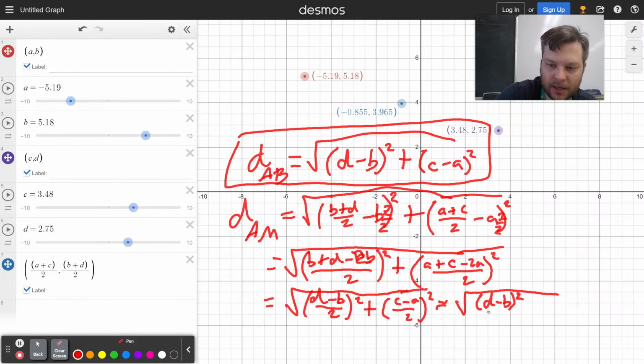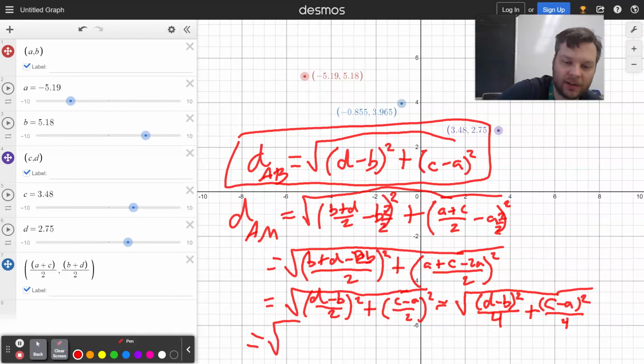So we have d minus b squared over 2 squared, which is 4. Here we have c minus a squared over 4. Now I have two fractions underneath the square root, and those fractions have the same denominator. So just like we did a couple times in this video already, we have a common denominator of 4.